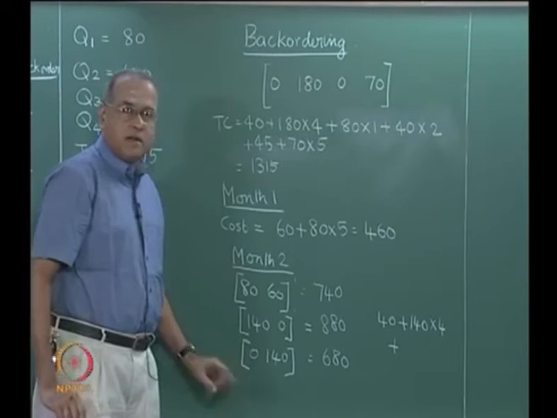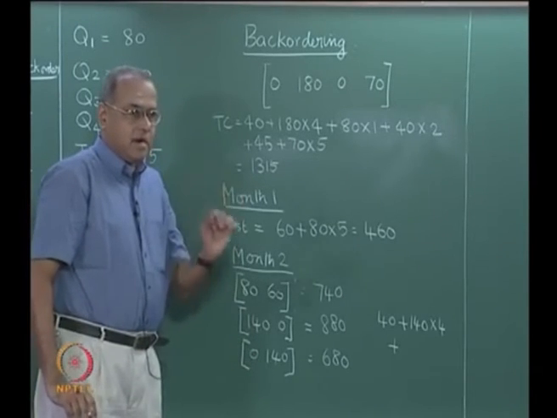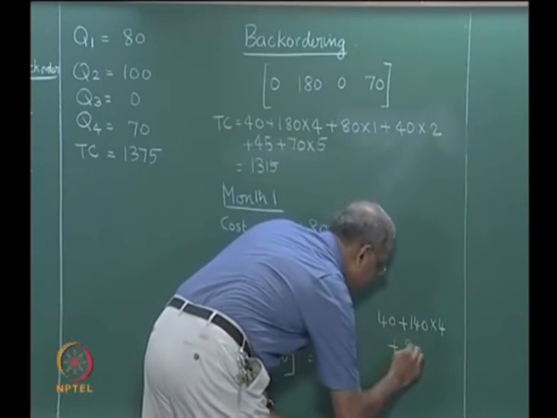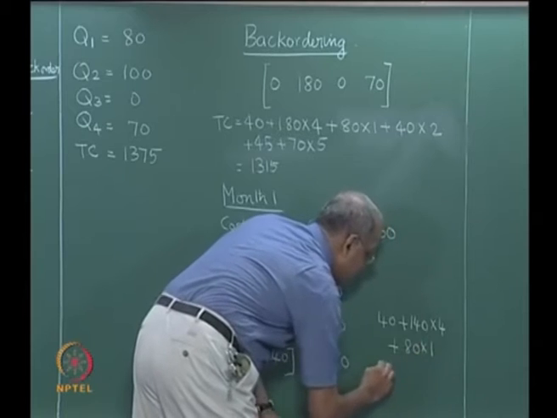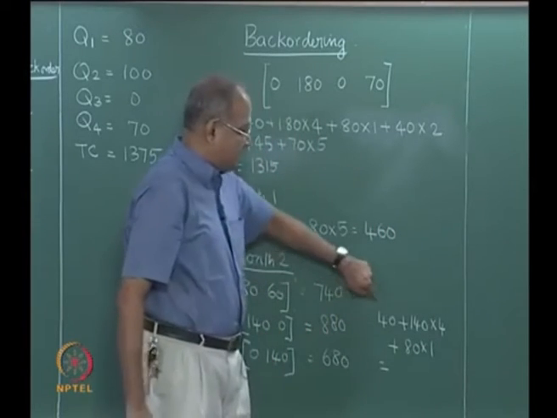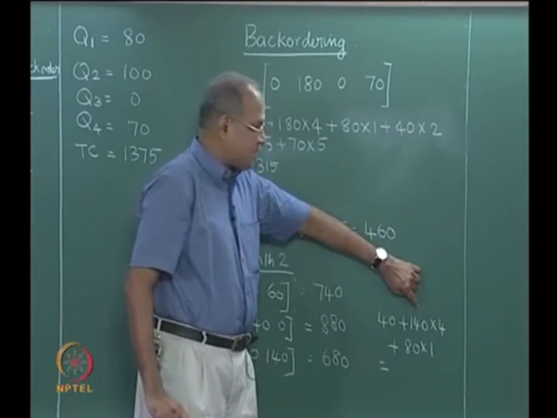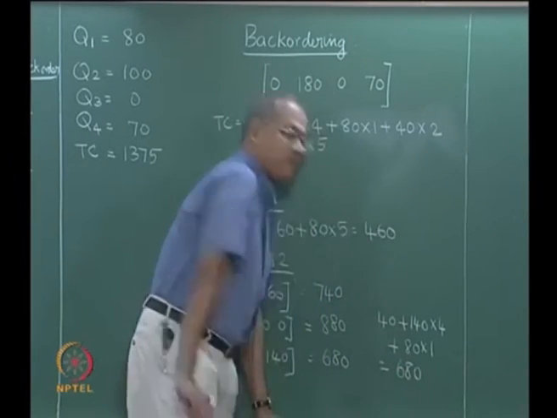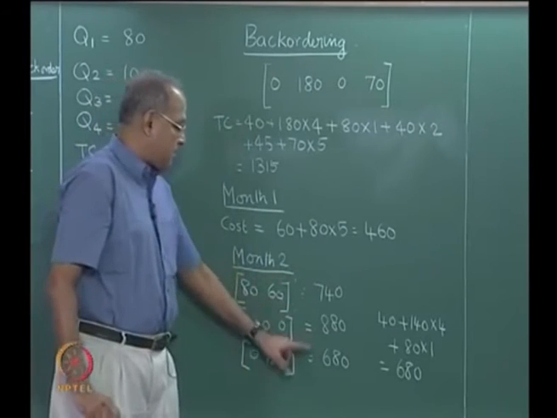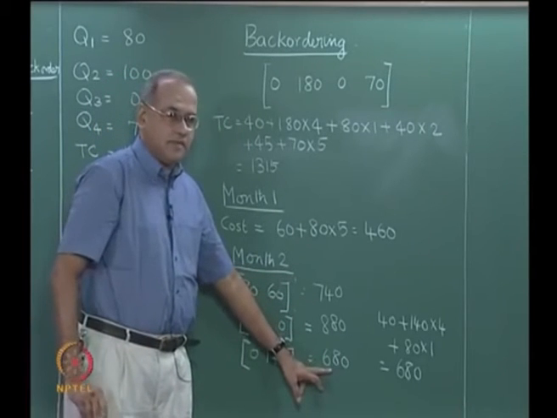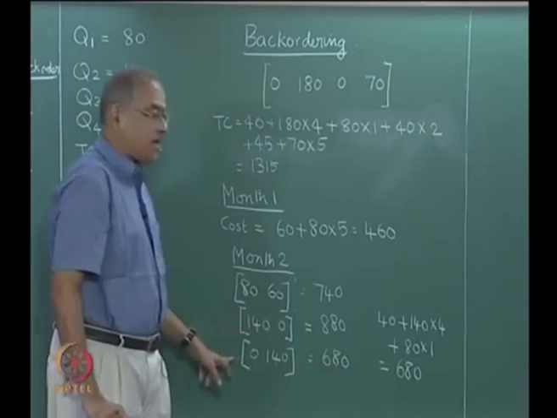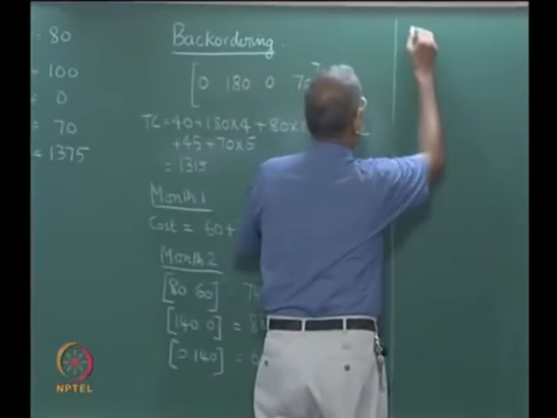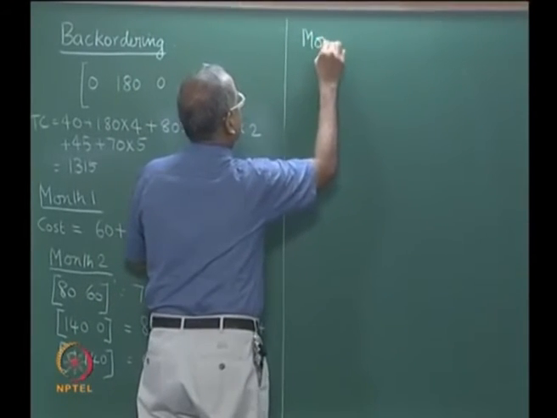So, the back order cost for the demand of the first period is 1. So, plus 80 into 1. So, this would give us 40 plus 560, which is 600, plus 80, which is 680. So, out of these possibilities, this seems to be the best one, and this is the one that involves back ordering. So, with this we move to month 3.